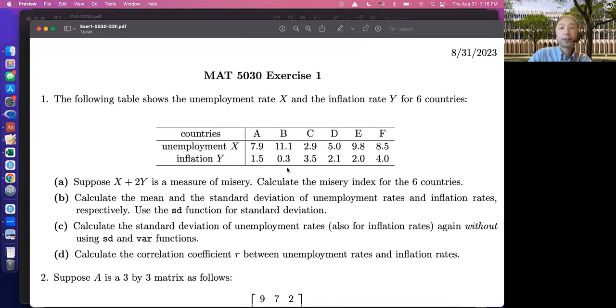So we have 6 countries, and we have data for unemployment rate and inflation rate for these 6 countries, A, B, C, D, E, F. And you can see from this information that the countries with higher unemployment rate have lower inflation rate, like countries A, B, and E. And countries with lower unemployment rate, like C and D, have relatively higher inflation rate.